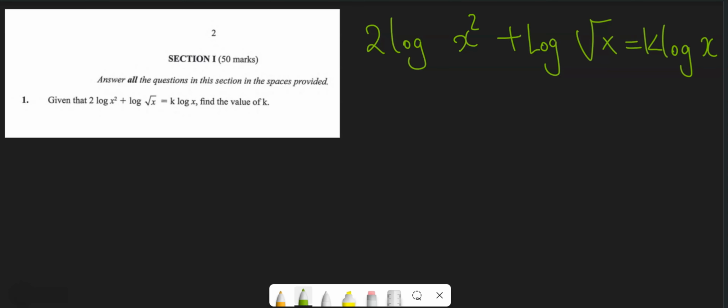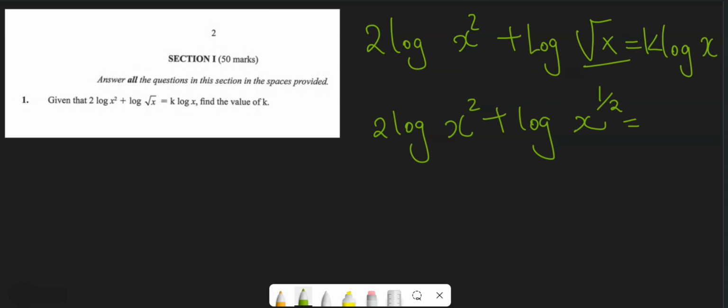We need to change this root into something else. So we have 2 log of x squared plus log of x power what? A square root is the same as x power half, equals k log x power 1. So then how do we solve this?